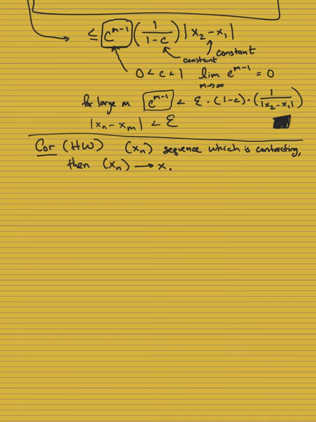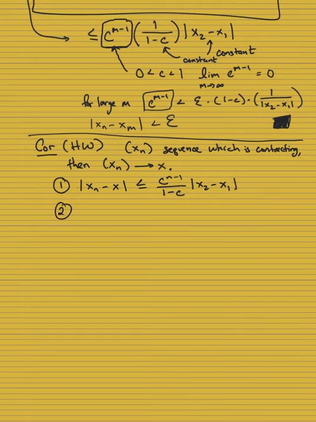So if we take x_n minus x, you're interested in how close the nth term of the sequence is to the actual limit. Well, it turns out to be less than or equal to c to the n minus 1 over 1 minus c times the distance between the first two terms.